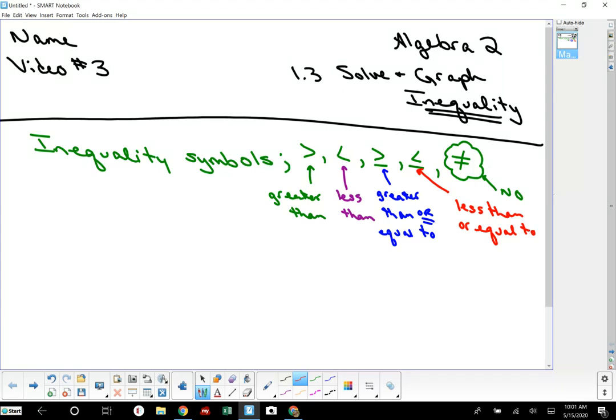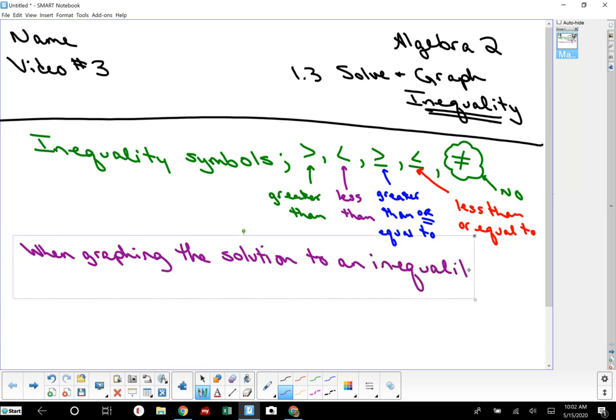All right, so when you're graphing the solution to an inequality on a number line, you're going to use open or closed dots.